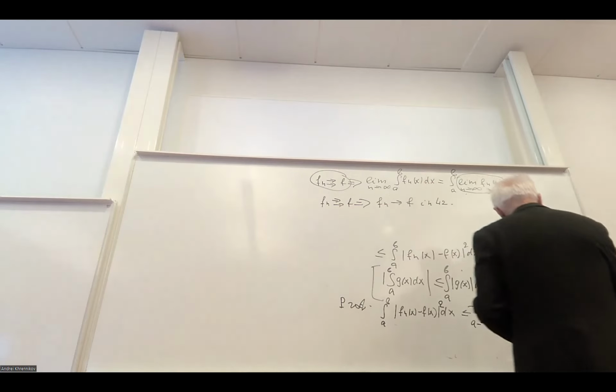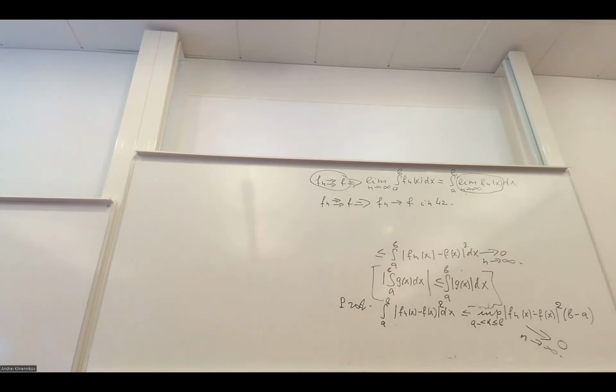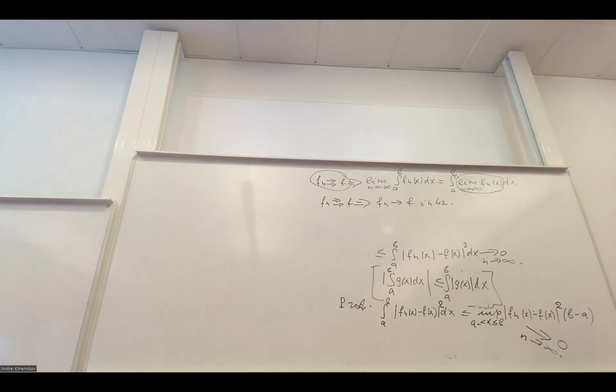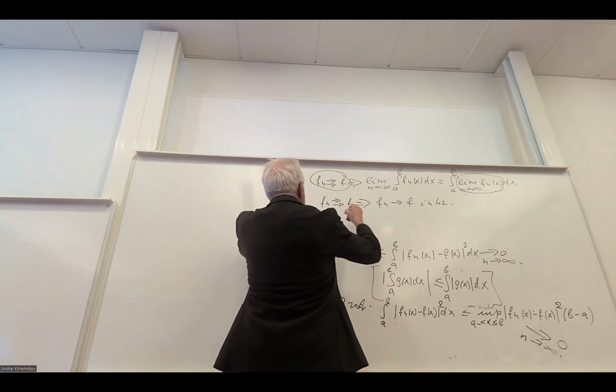Here would be the supremum of the square, and it goes to 0. So you see from the proof that you can put a square here. In fact, you can put any degree, degree 4 and so on. In mathematics, people study so-called L^p spaces.